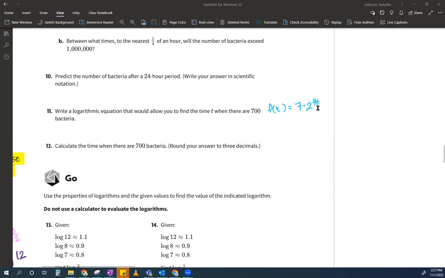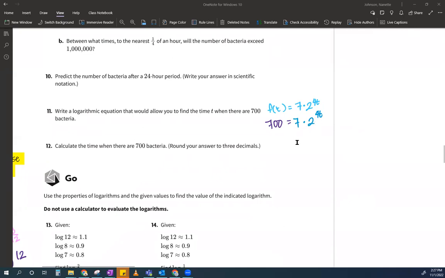So that means I'm going to plug in this whole equation. So it says 700 equals 7 times 2 to the 4t, and here we're trying to solve for t.